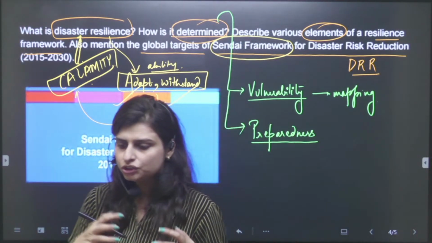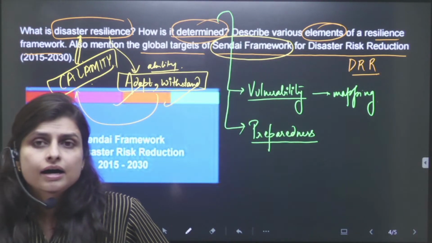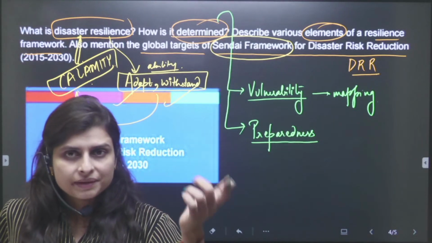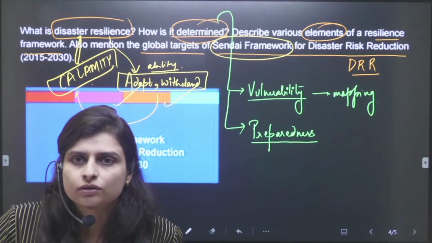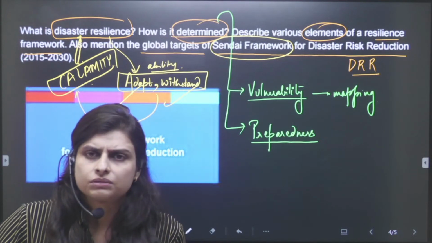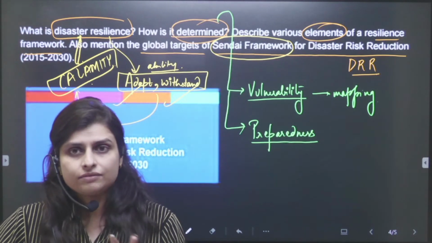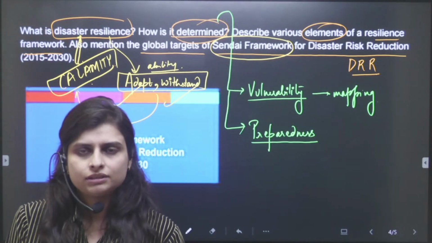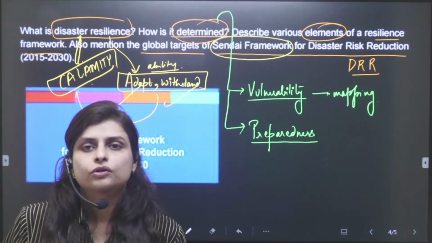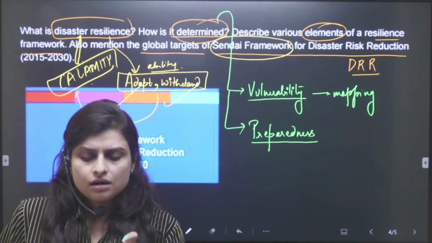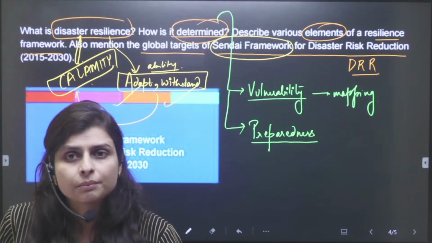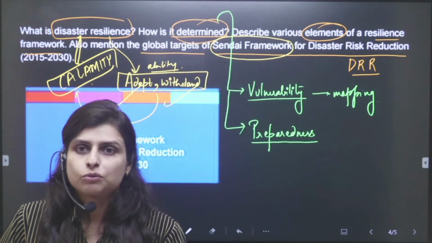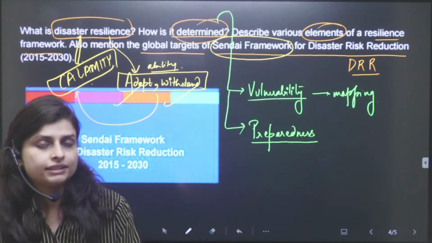For example, in West Bengal, when we have cyclones, all our disaster management authorities are very much planned. Why? Because they have in their framework at what period of the month we are going to encounter such disasters, like cyclones.